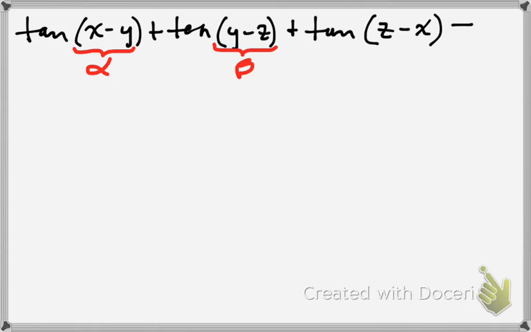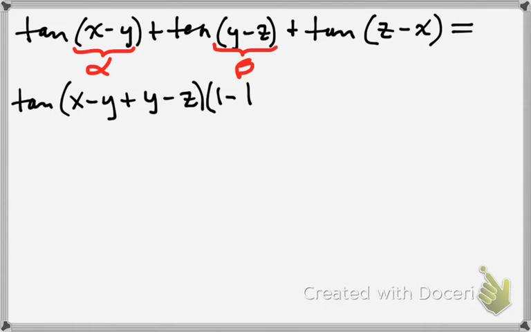So remember that identity that I just recorded. And let's go ahead and rework this. Just the first two, the tangent of x minus y plus the tangent of y minus z. We're just going to focus on those two guys first. So using that new identity that we came up with, we're going to add alpha and beta together. In this case, it's going to be x minus y plus y minus z times 1 minus the tangent of x minus y times the tangent of y minus z.